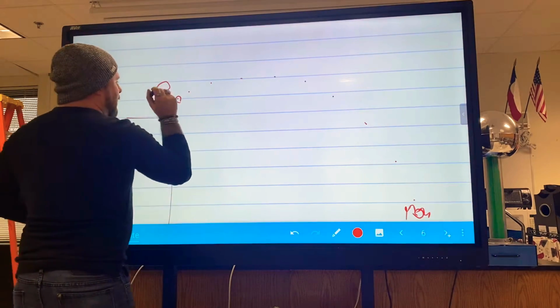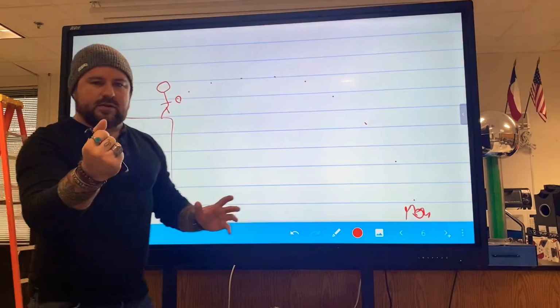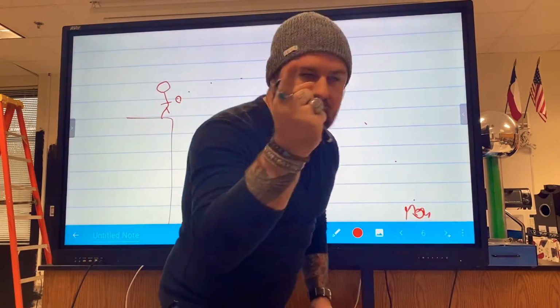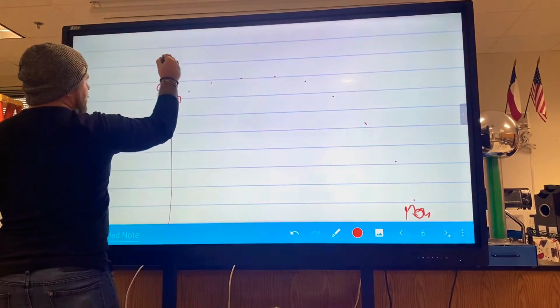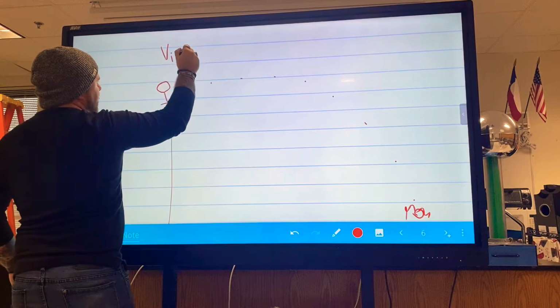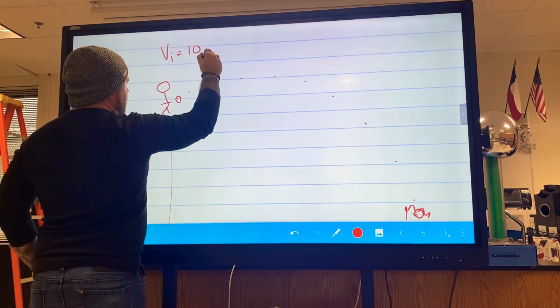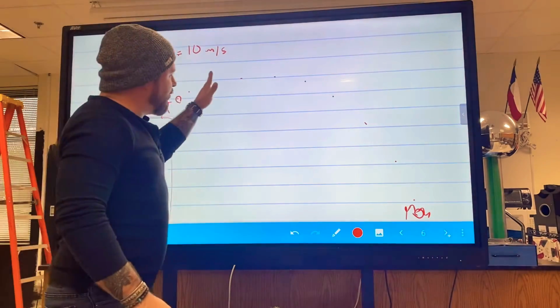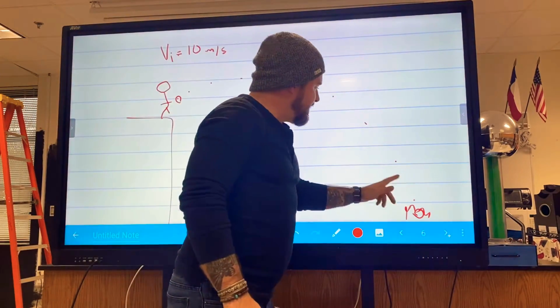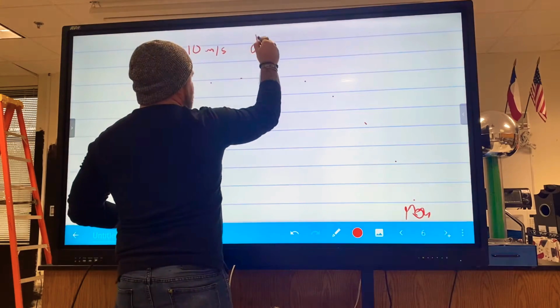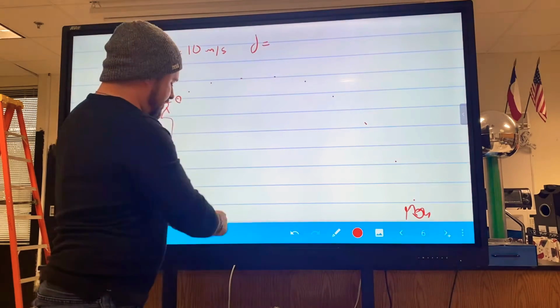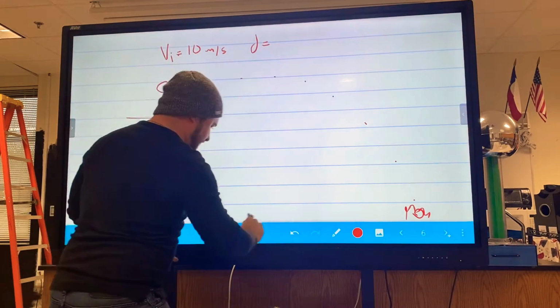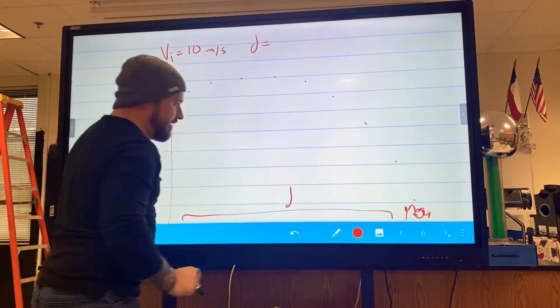So the ball, if I start by throwing it, it's got an initial velocity, right? Let's say I throw it at 10 meters per second, right? So it's going to fly through the air, right? And it's going to go some distance. I don't know, right? Because clearly it's going to go some distance. This distance right here, this distance d, right?